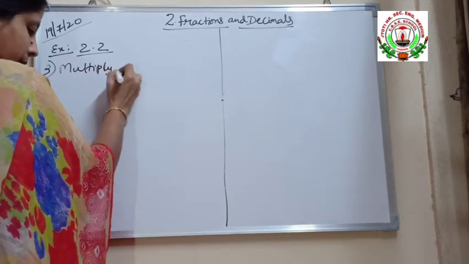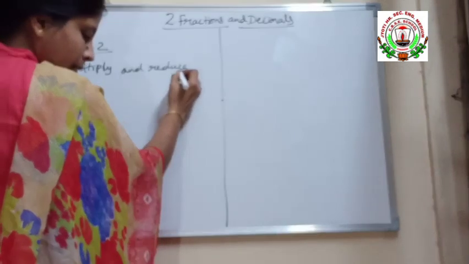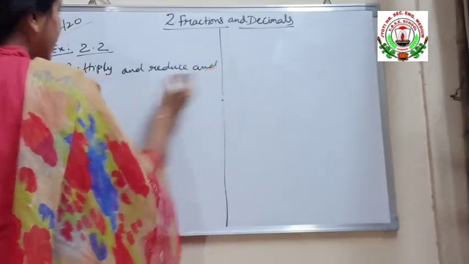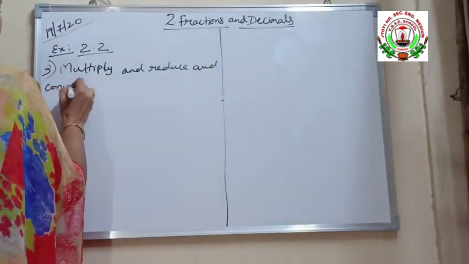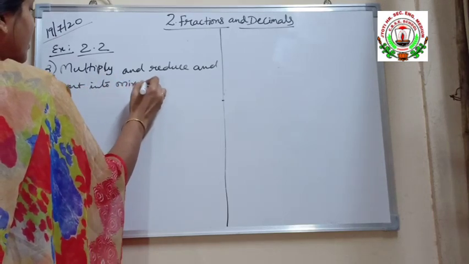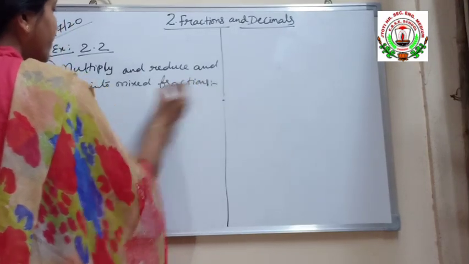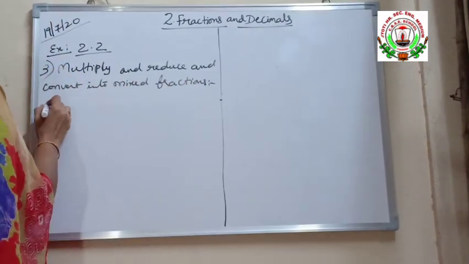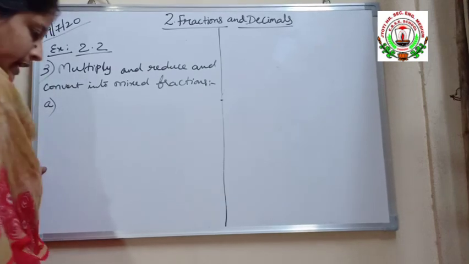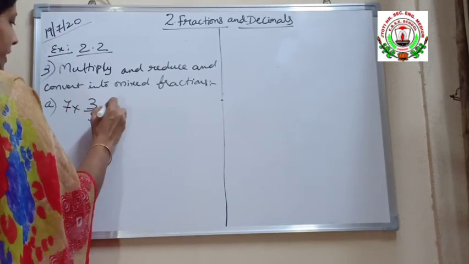Multiply and reduce and convert into mixed fractions. This is your question of the third one. So the first one is given as 7 into 3 by 5.